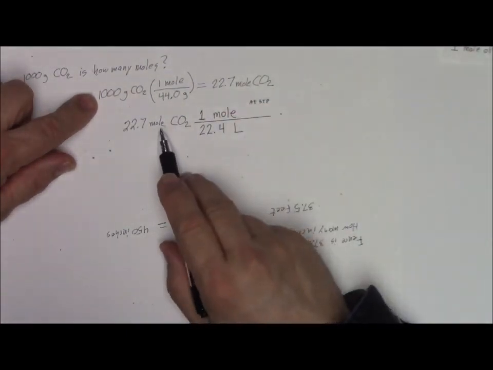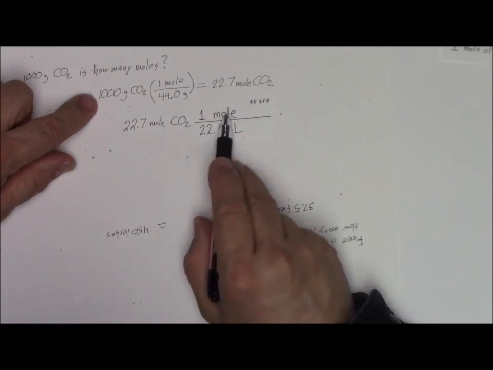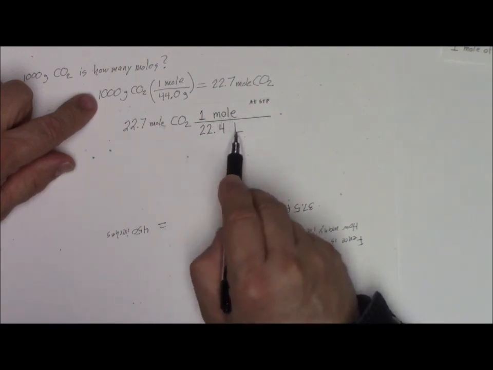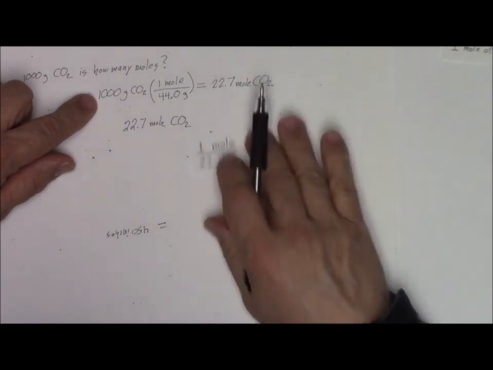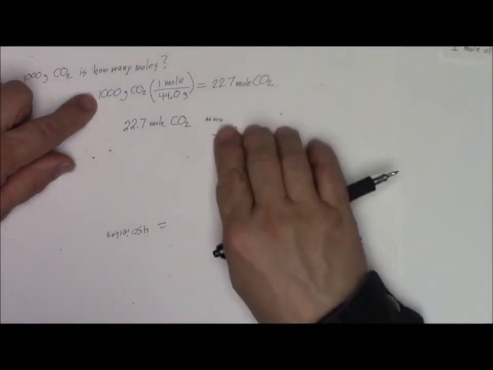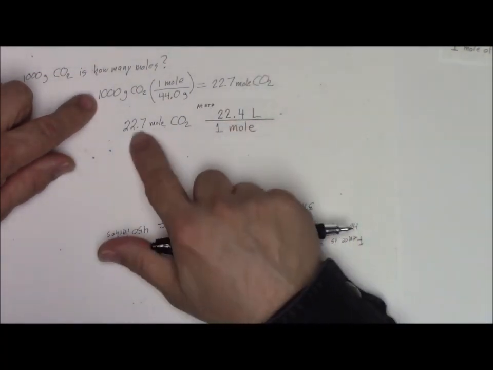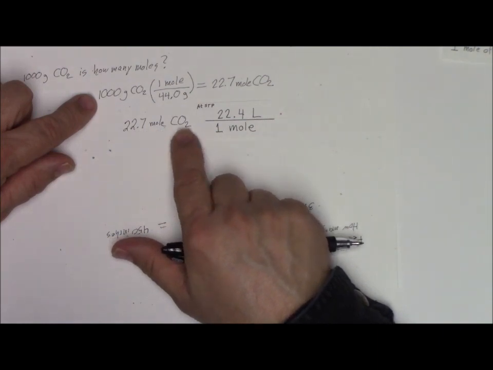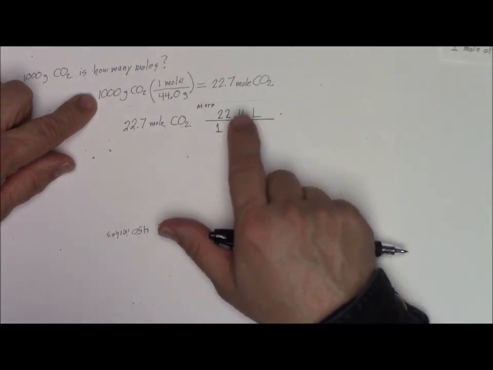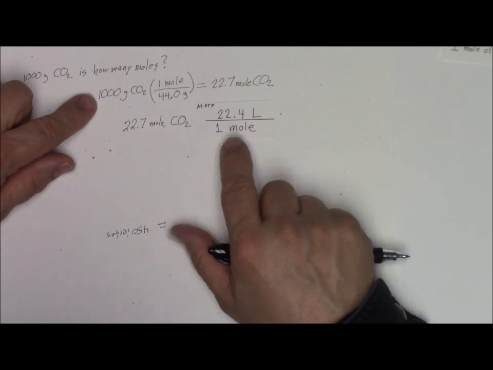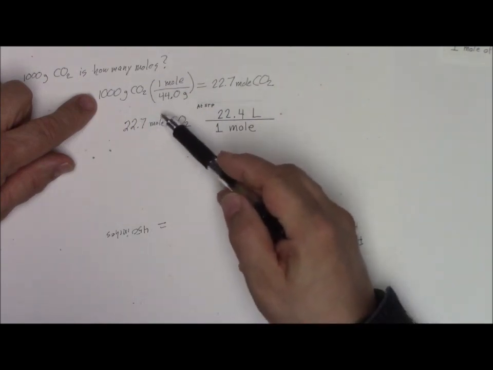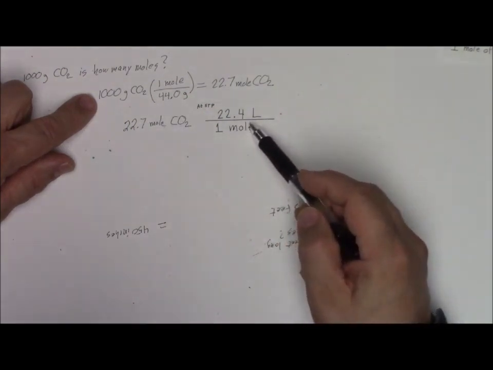Now let's look at our conversion factor. If we multiply moles times moles, that isn't going to do us any good, and liters is down here. We need to flip this over and use it like this: 22.7 moles of CO2 times 22.4 liters per mole. As you can see, moles will cancel with moles.